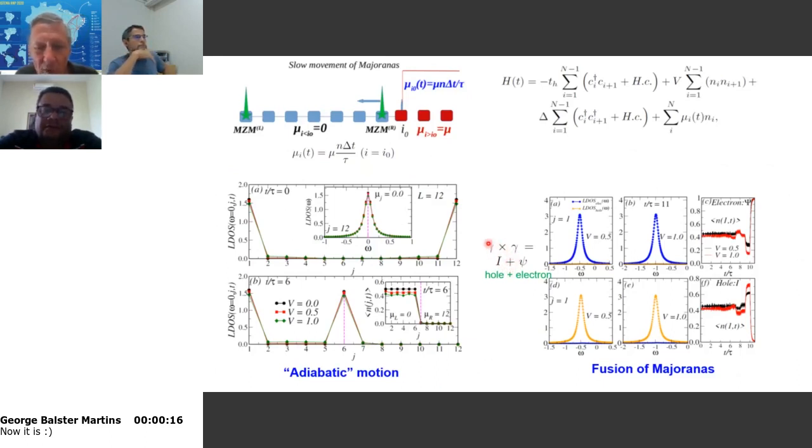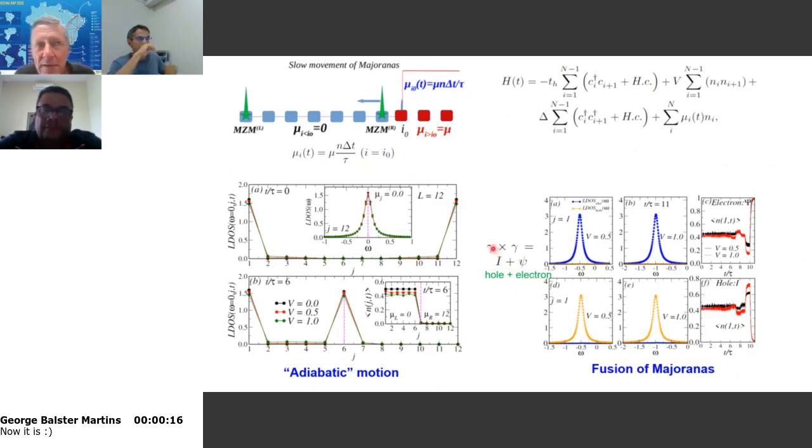When we bring two Majoranas, each one represented as a gamma here, and put them together, the channels of decay are into a hole or an electron. So when you place one on top of the other, you no longer have two Majoranas. The concept of Majorana is gone. You either have a hole or you have an electron, basically with equal chance, 50-50.